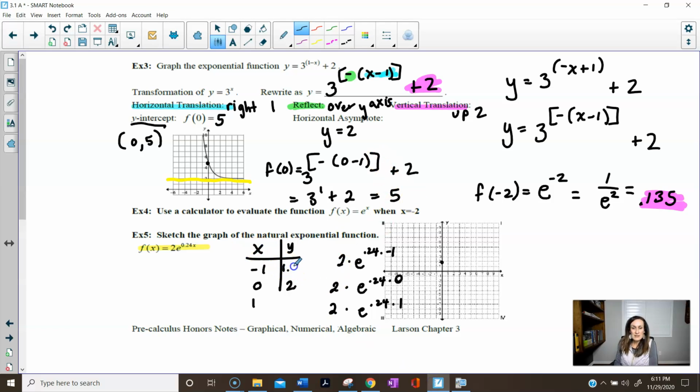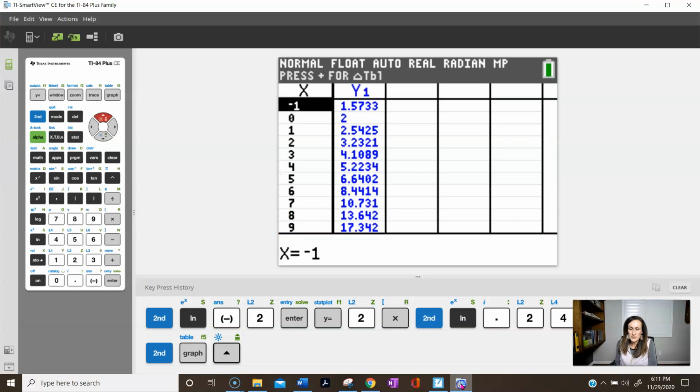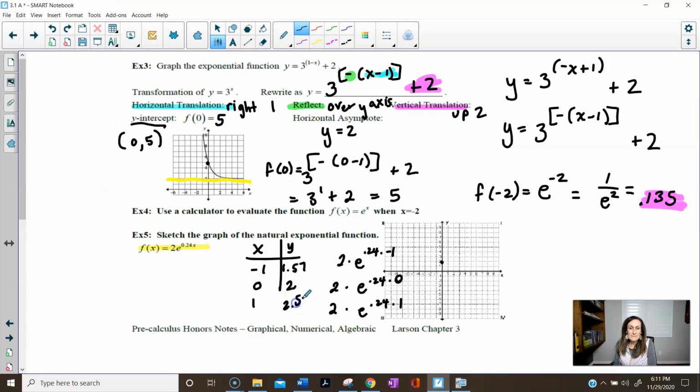At left one, we're up just 1.5, and at right one, we're up 2.5. So this graph still has an asymptote at y equals 0, and it looks something like that, an exponential growth graph.